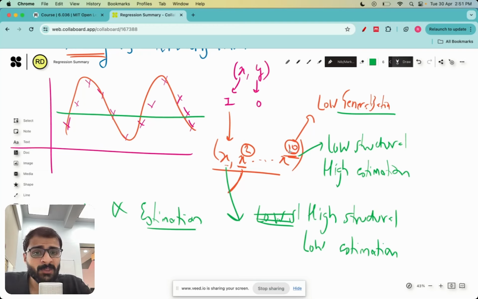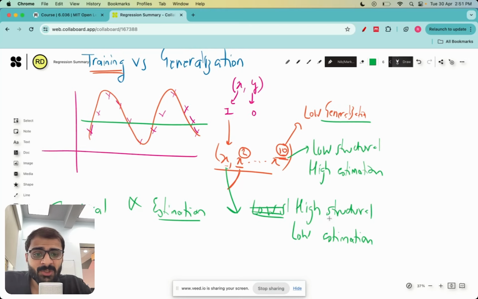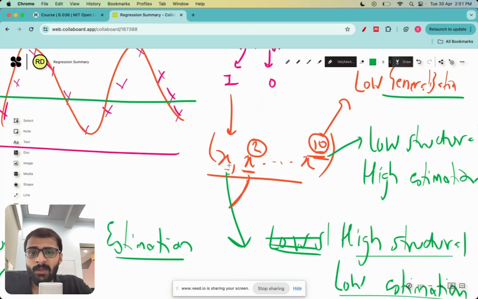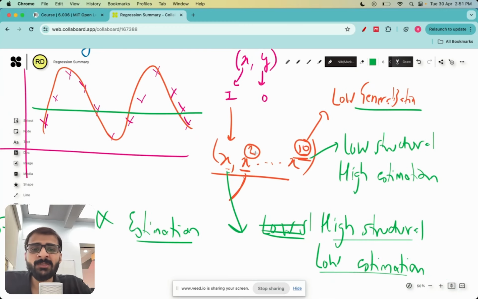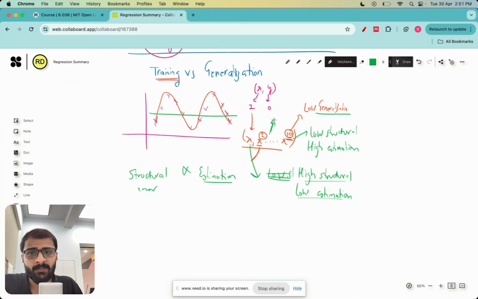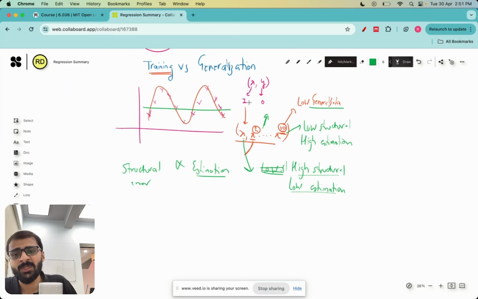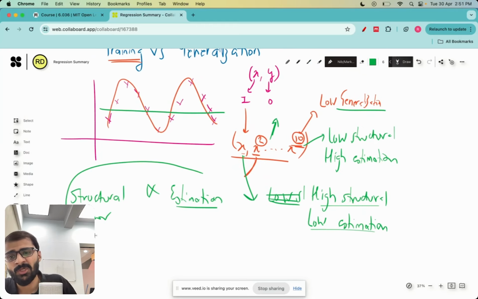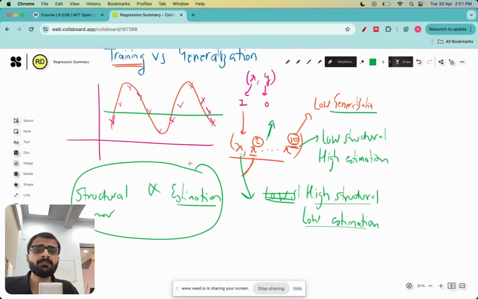You cannot have an order which is too high, because it will lead to high estimation error on new data points. You cannot even have an order which is too low, because it will lead to high structural error. That's why you need an order in the middle, maybe x to the power 3 or x to the power 4. So always keep this in mind, the tension between structural error and estimation error in regression problems.